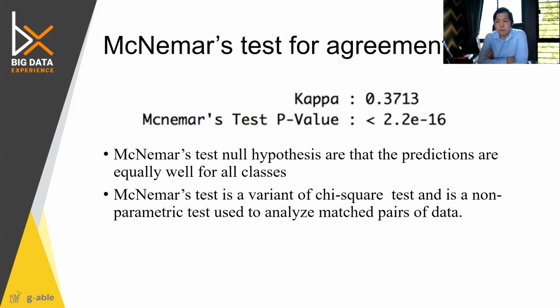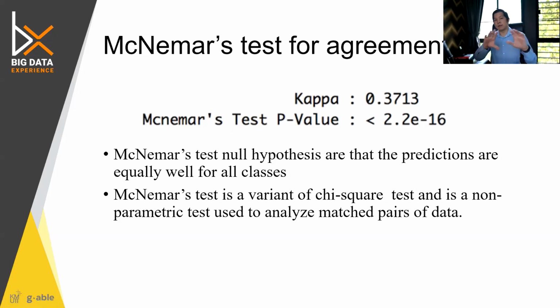That means McNemar would be useful in the case of a multi-class problem, where you want all classes to be predicted equally well. It is actually a chi-square test, right? It's basic, but we are not going to go into too much detail. It is basically the chi-square test to test whether the results are equally good for all classes.